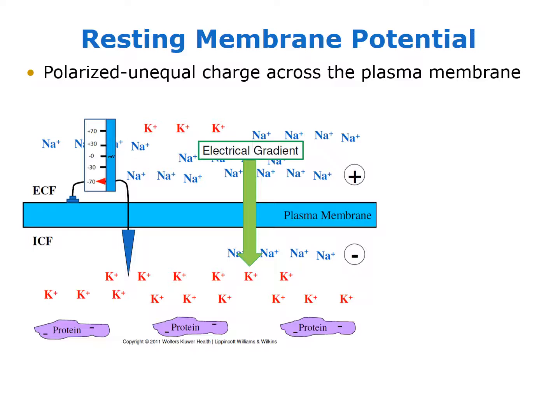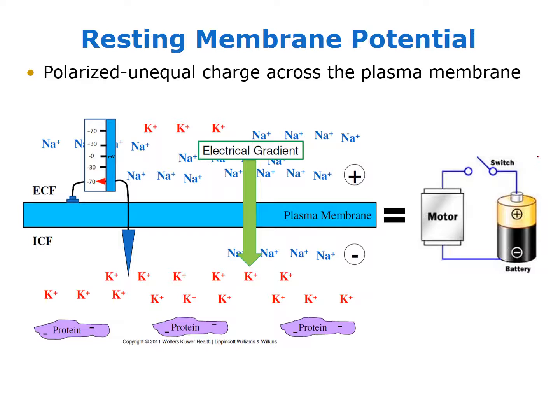And if we measured the difference in charge across the plasma membrane with a voltmeter, it would register about -70 millivolts. The resting membrane potential, due to the unequal charges across the plasma membrane, contains potential energy like a charged battery, which is also polarized.